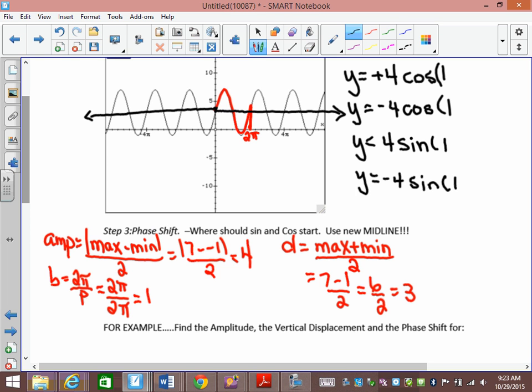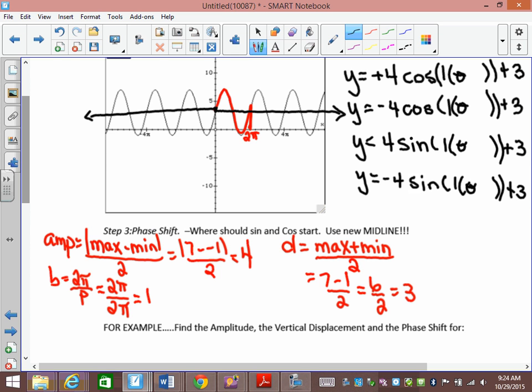Right? My D value is 3. So I can have thetas even instead of x's. It doesn't have to be x's, right? Do I need the B value of 1 written in there? No. And then I put a +3 at the back because they all have +3. So the only thing that is different if it's a cosine graph is my shifts, because they are literally the same graph with just different shifts, right?